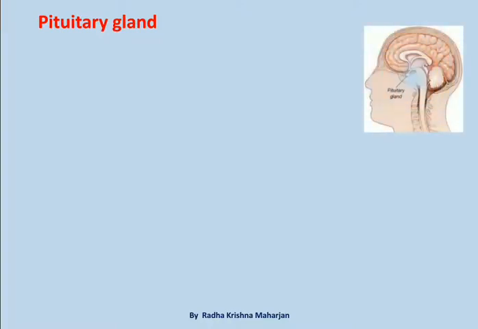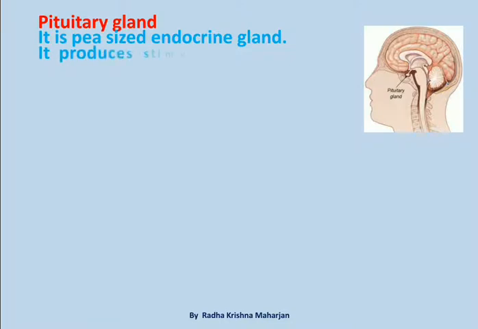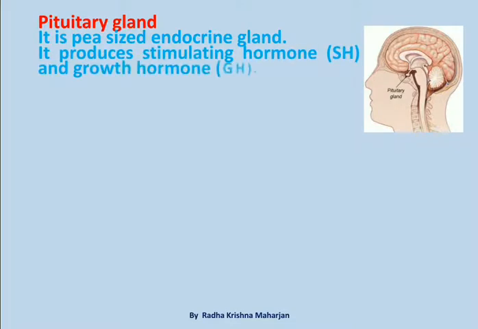Pituitary gland. It is pea-sized endocrine gland. It produces stimulating hormone SH and growth hormone GH.